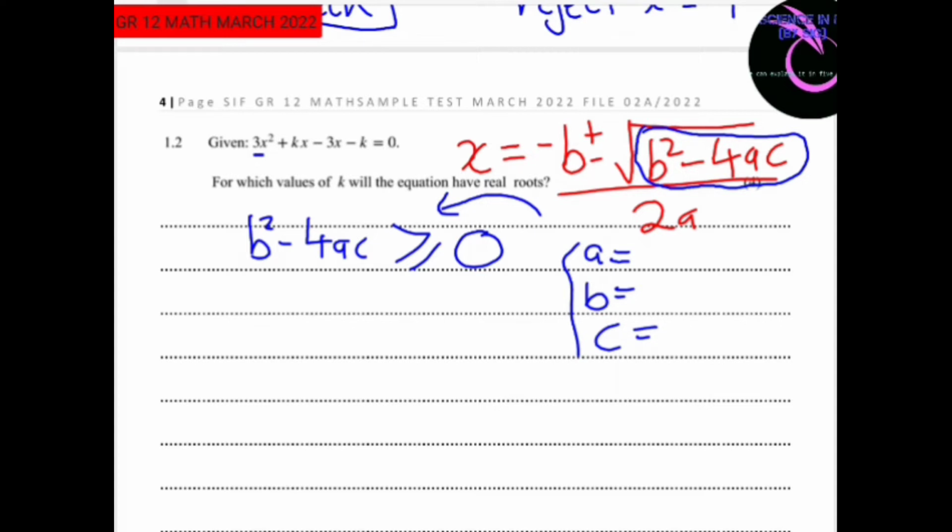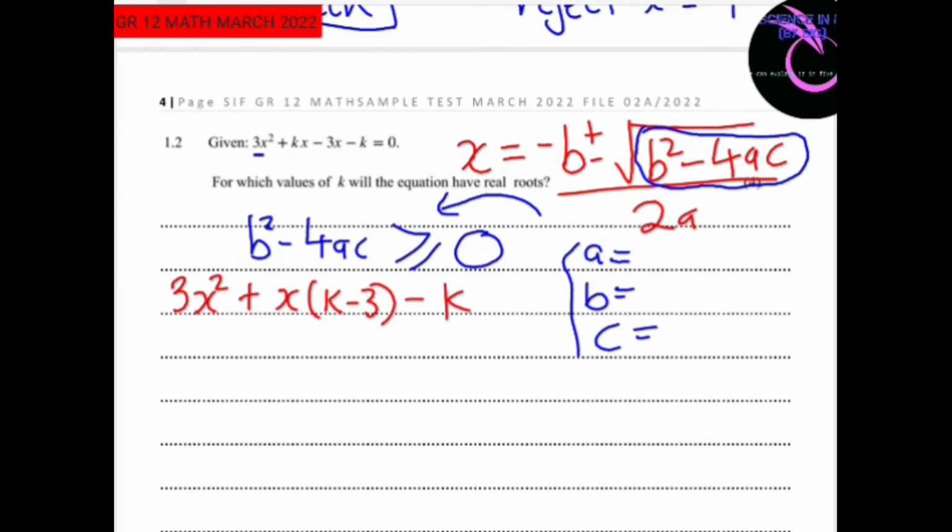But what if I simplify the middle terms, factorize? I would end up with 3x squared, and I can factor out a positive x there, plus x. What will remain is k minus 3, and then minus k.